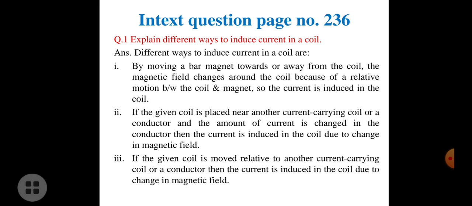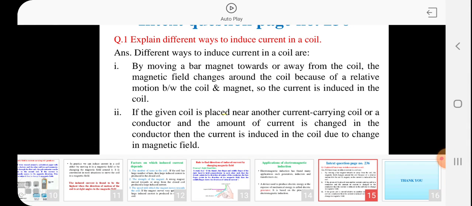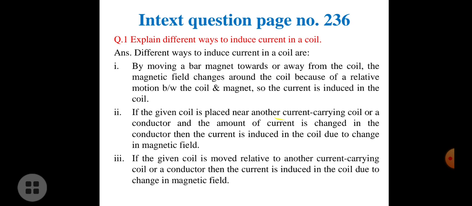Number 2, if the given coil is placed near another current carrying coil or a conductor and the amount of current is changed in the conductor, then the current is induced in the coil due to change in magnetic field. This is based on activity 13.8. This is based on activity 13.9.